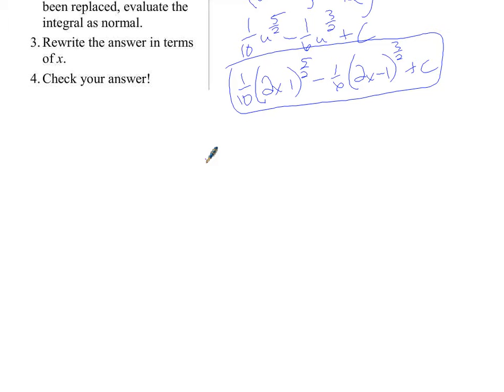The 5/2 comes down, and I have 1/10 times 5/2, which is 1/4, times (2x minus 1) to the 3/2. The c goes away when you take the derivative.